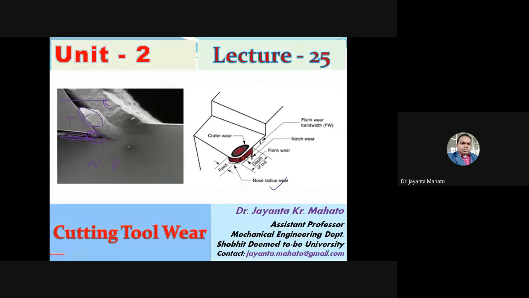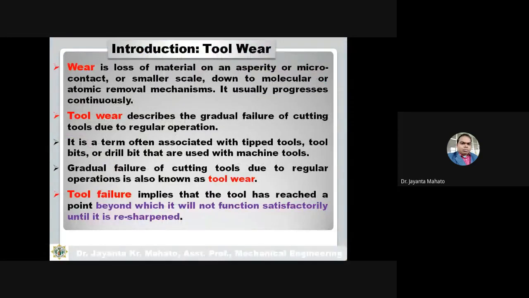Okay, so we will discuss one by one the different types of these tool wears, the mechanisms of tool wear, and why tool wear will happen. Now, first, wear means just loss of material on an asperity or micro contact or smaller scale, down to molecular or atomic removal mechanism.